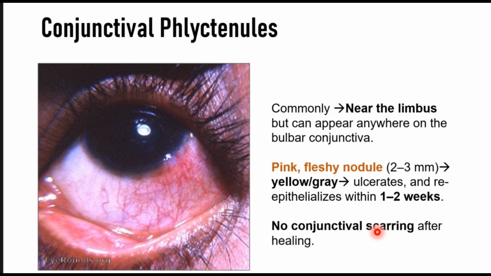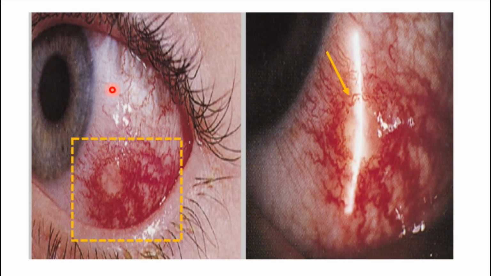Now, the patient with a conjunctival phlyctenule may have a corneal phlyctenule, or may have had a corneal phlyctenule with the last attack, or may actually have a corneal phlyctenule on the next attack. So it's not just that you will see them in isolation. One more feature of the conjunctival phlyctenule is that they will undergo necrosis and they can actually look like micro abscesses.